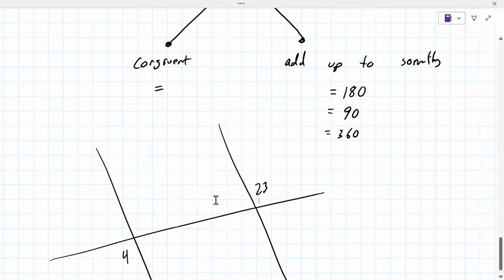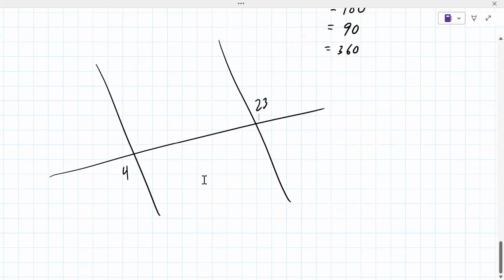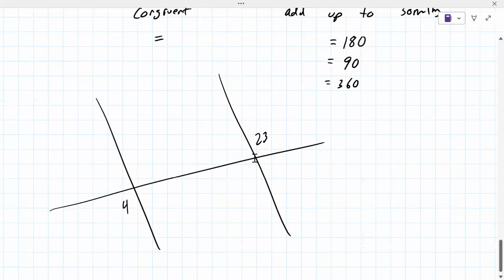So I don't know how they explained it, but it's like you go into a classroom and you always sit in the back left seat, and then you go into another classroom. Are you sitting in the back left seat? No, this would be like front right. So to me, that's corresponds. No matter what classroom I'm in, I always sit in the same relative position. So these are definitely not corresponding.